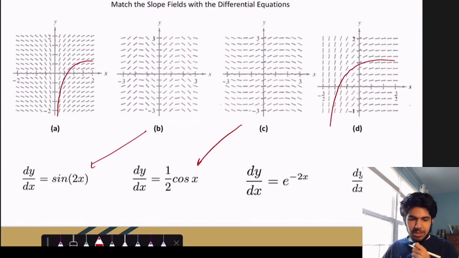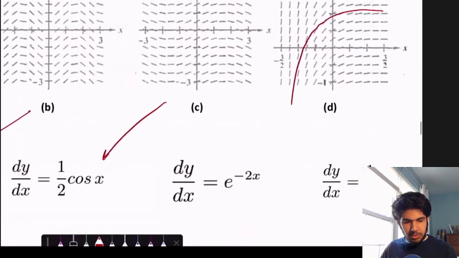So if we look at slope field D, the slopes seem to approach infinity as x gets more negative, right? So the smaller that x is, the higher the slope is. So let's think about that.